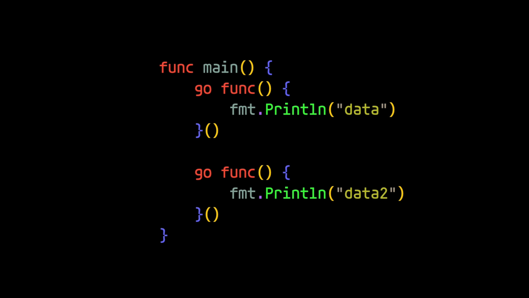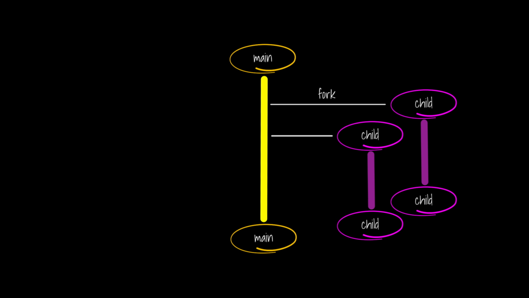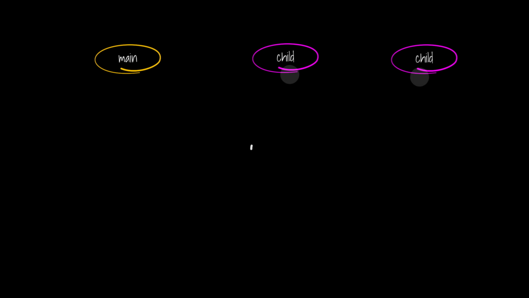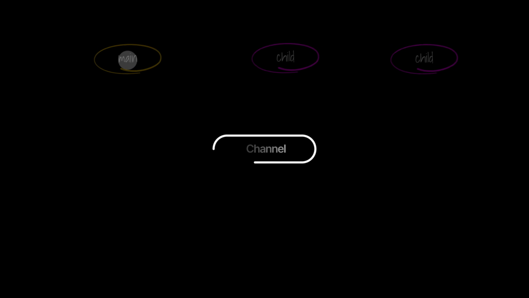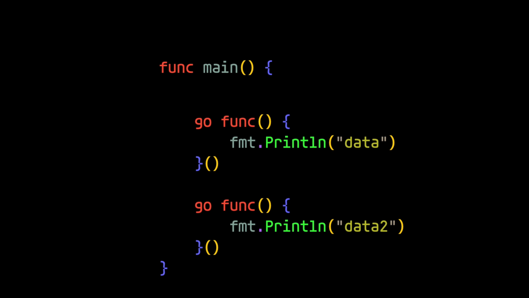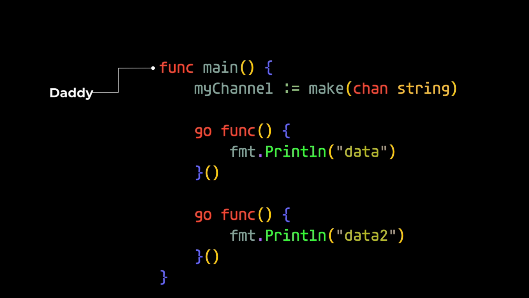Well, we can do that by using another one of Go's concurrency primitives, channels. Channels allow these independent branches of execution to communicate with one another. This means that we can create a communication channel between our parent Goroutine and its children.